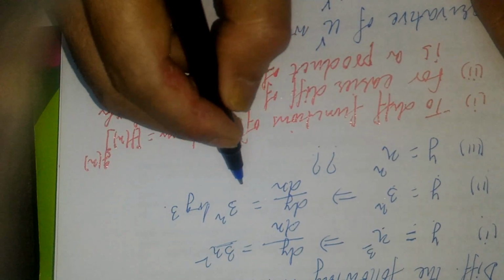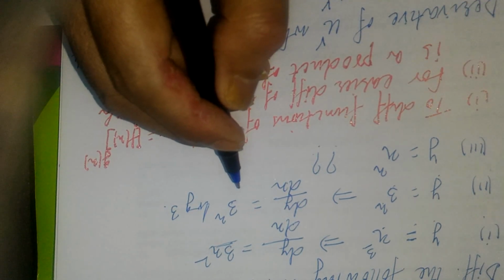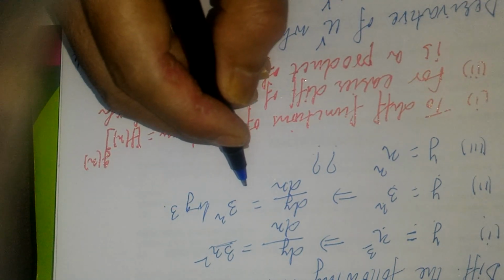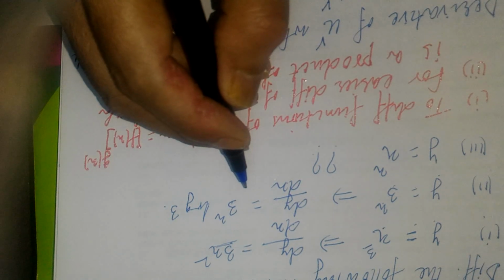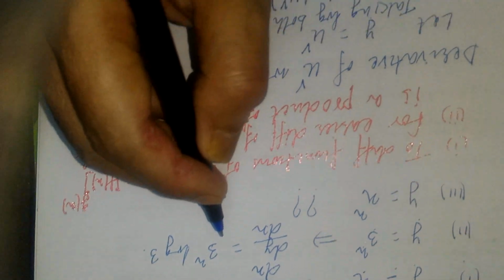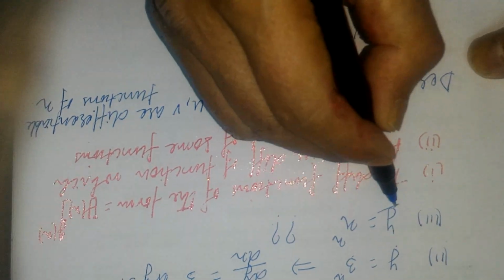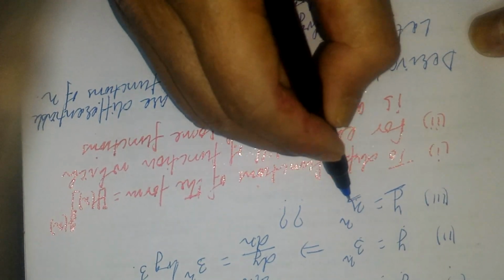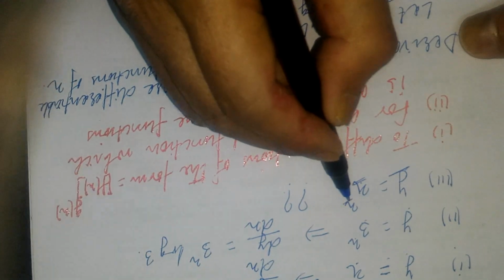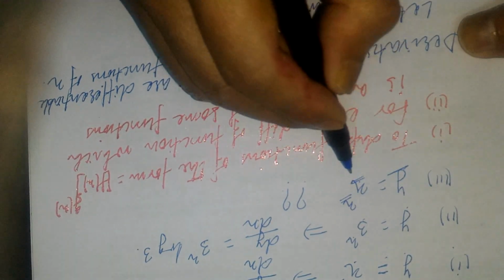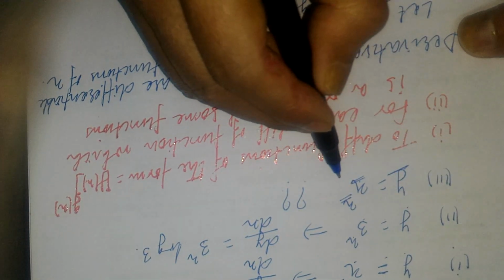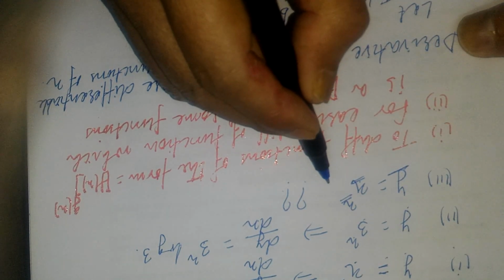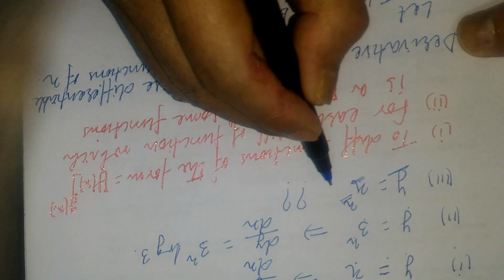That is, we know that the derivative of a to the power x is a to the power x log a. Now if you have a function y is equal to x to the power x, with variable base and variable power, we do not know how to differentiate this function. So we require logarithmic differentiation here.